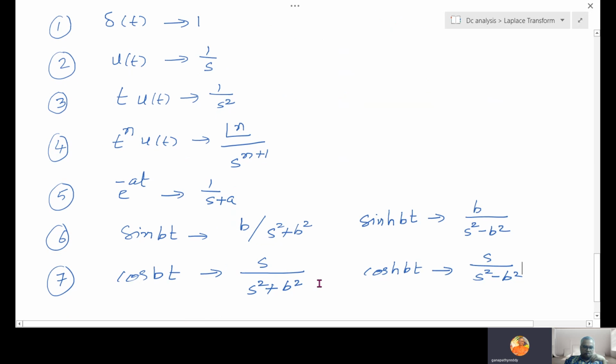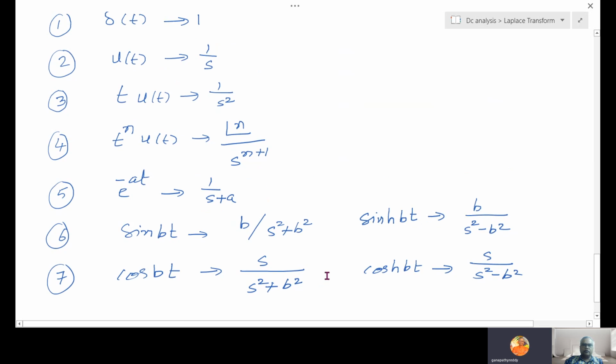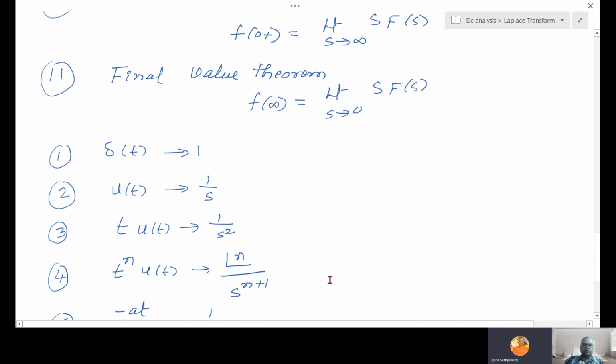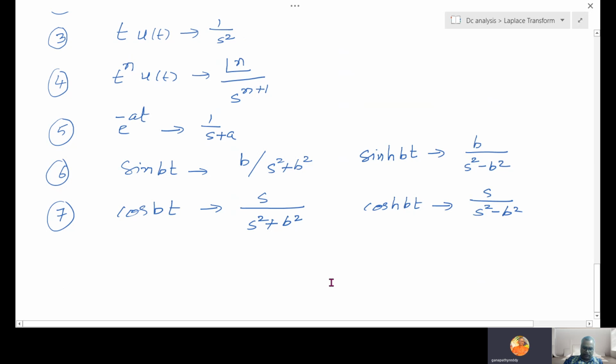So these are the standard functions we frequently use. Laplace of a constant k is k by s.